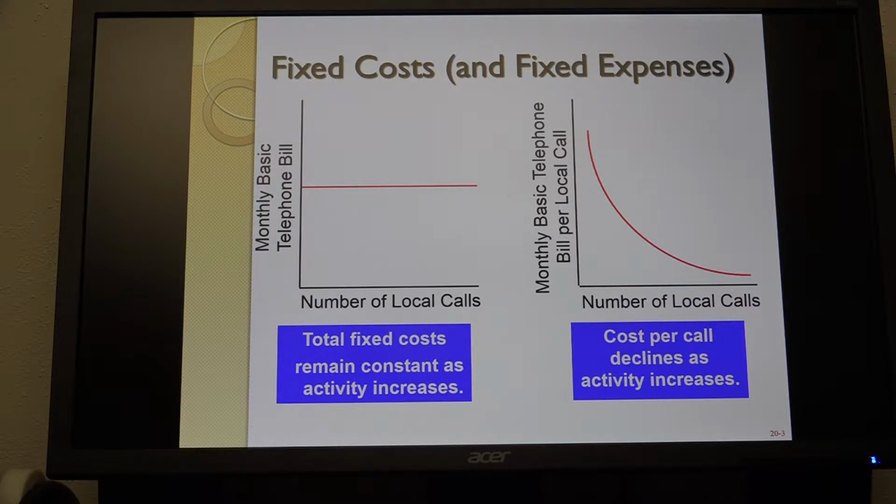Well, the fixed cost per unit is exactly $1 per unit. Well, let's say you increase your output to 20,000. Your total fixed cost remains the same, but your fixed cost per unit has now been reduced to 50 cents per unit. So notice that the cost per unit, here it's cost per call, declines as activity increases.